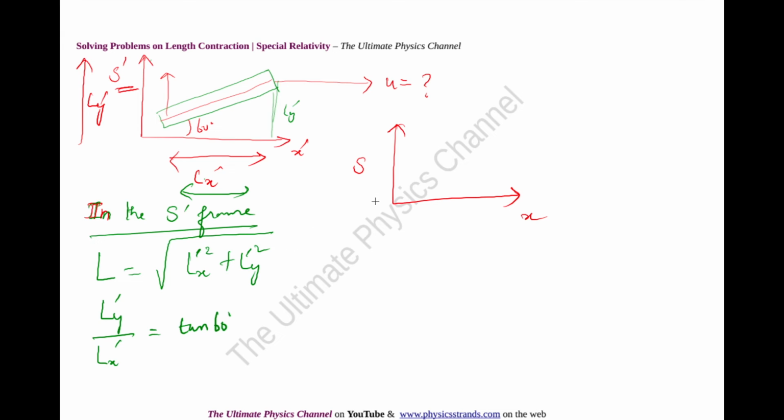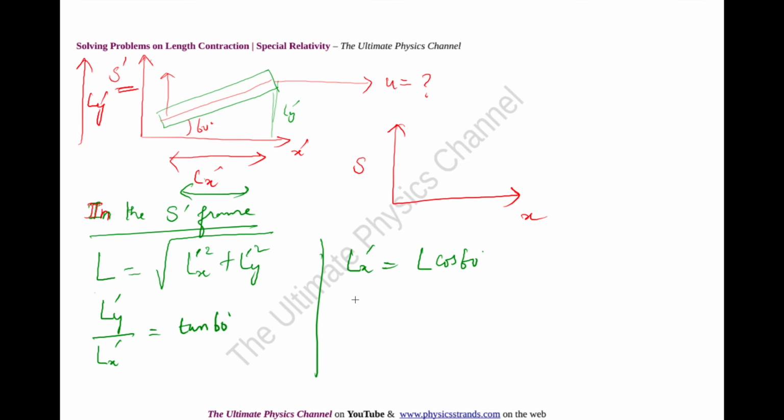We can also write from that, if this is L originally, Lx prime, that is the x component, the length along the x direction, is going to be therefore the length times cos 60, because it's the cos component parallel to the x-axis, so it is L cos 60.